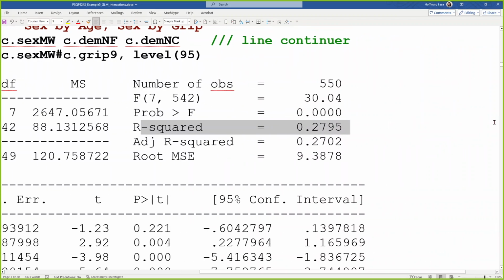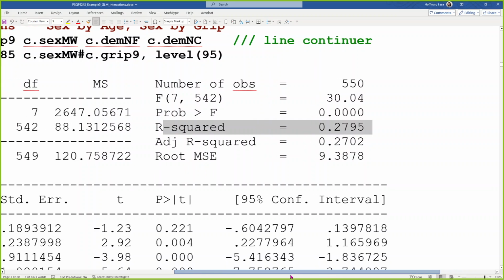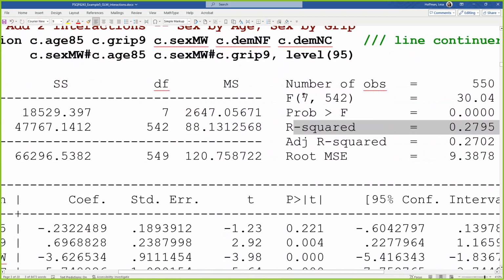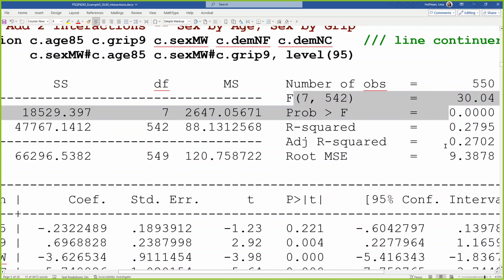The R square is basically unmoved as to where it was before. So what happened is that we added 2 new terms that did diddly squat. There's a technical term for you. Nothing. They did not help. And so F is per slope. So F came down because the average contribution of your 7 slopes is lower than the average contribution of the 5 slopes we had before that didn't suck. So that's what this is foreshadowing as to what's going to happen.